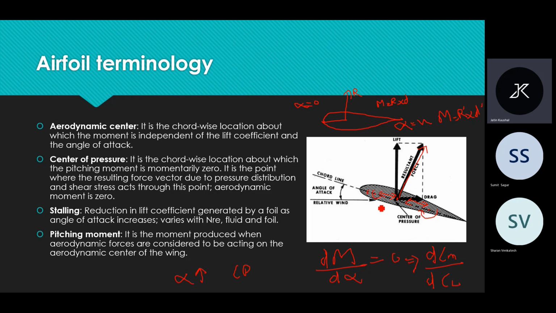For zero angle of attack, it is here; for, say, 20 degrees angle of attack, it will come closer to the leading edge. So we cannot use the center of pressure for numerical calculations because it changes. But the aerodynamic center is independent of the angle of attack. dM by d alpha is 0, and that's why it is much more helpful.